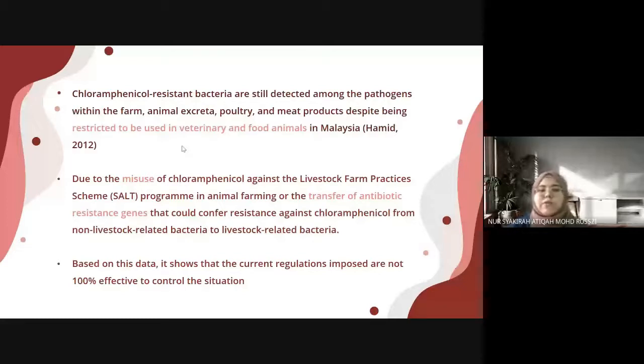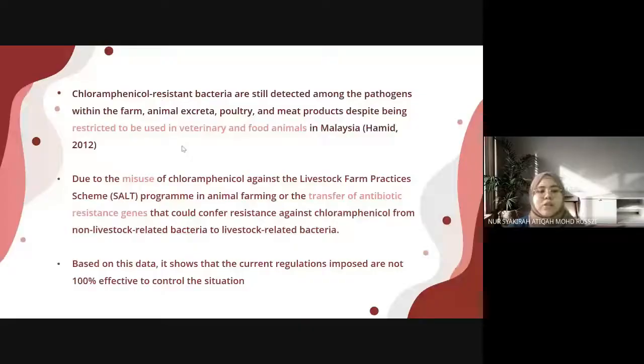It can be due to two reasons. The first one might be the misuse of chloramphenicol in livestock farm practice and animal farming, or the transfer of antibiotic resistant genes that could confer resistance against chloramphenicol from non-livestock related bacteria to livestock related bacteria.